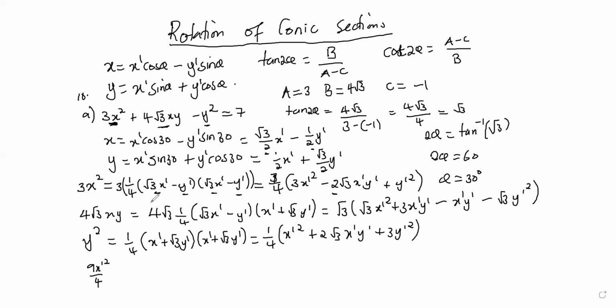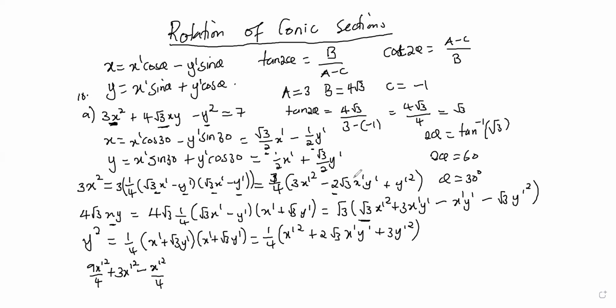Then from this product I want to get this part, so I'll say plus root 3 times root 3 will give us 3 x prime squared. And from the down one also, it's coming as a minus, so we get minus x prime squared over 4. So I'm done with the x prime squared.